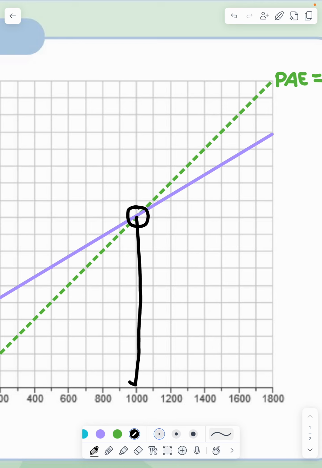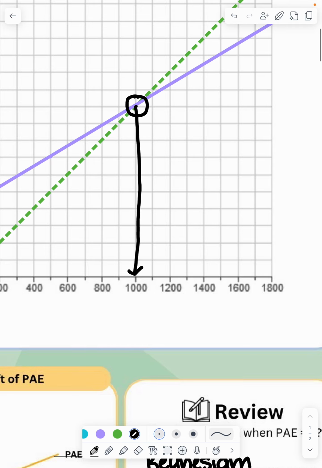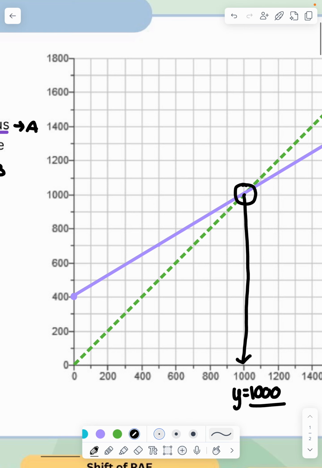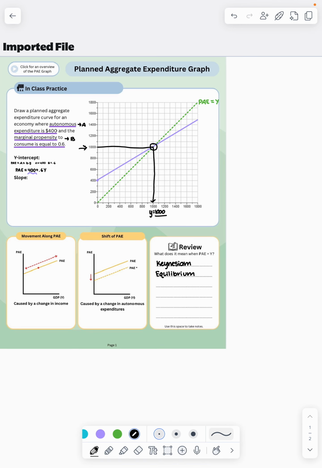So it equals equilibrium at 1,000 as an output, and the price would also be 1,000. So we can find Keynesian equilibrium through this.